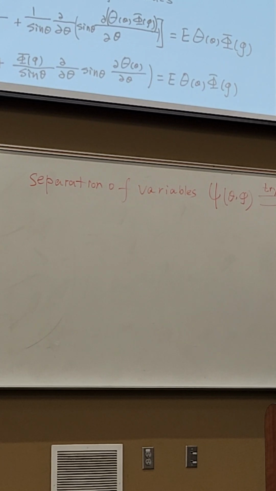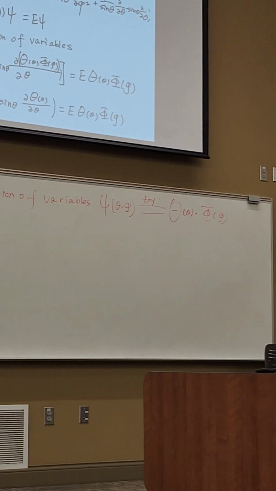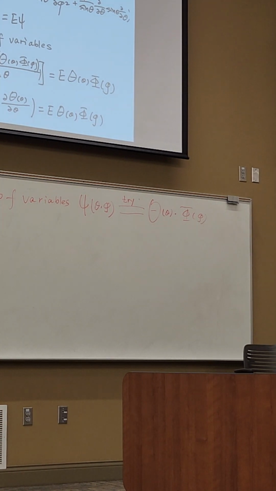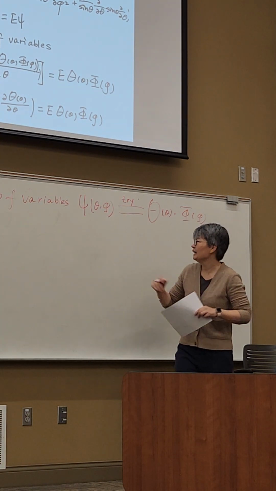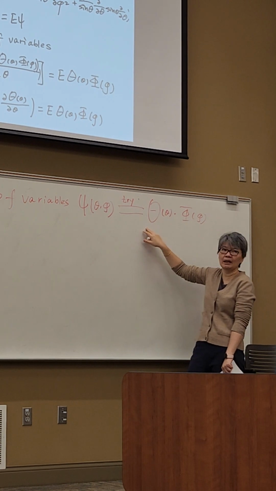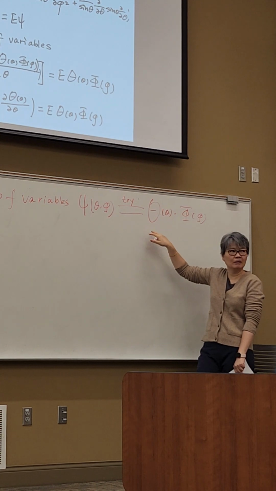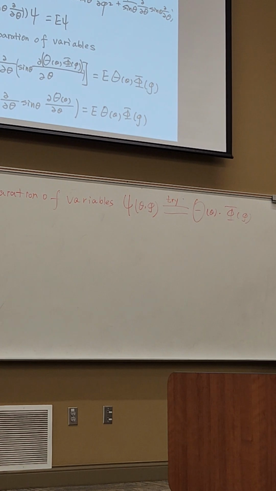Instead of directly solving for this particular math function with two variables, mathematically you can take a shortcut. Now, if it doesn't work, you're doomed. You have to go solve as it is. If it works, then your life will be easy. So that's what I'm saying. It doesn't mean every single time, guys, we can do this. We will try. If a function depends on two variables, can we simplify, assume them as individual functions that only depend on that variable? So we're going to give it a shot.